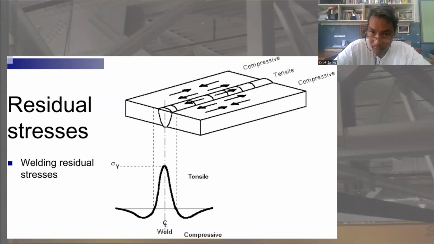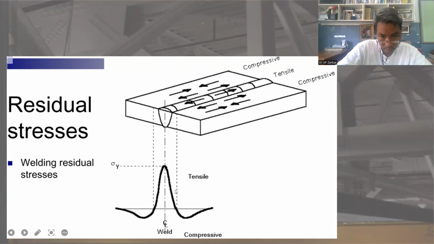At the welded point, we have tension. In graphical form, this cross section would feel compression, then tension, then back to compression, then zero.